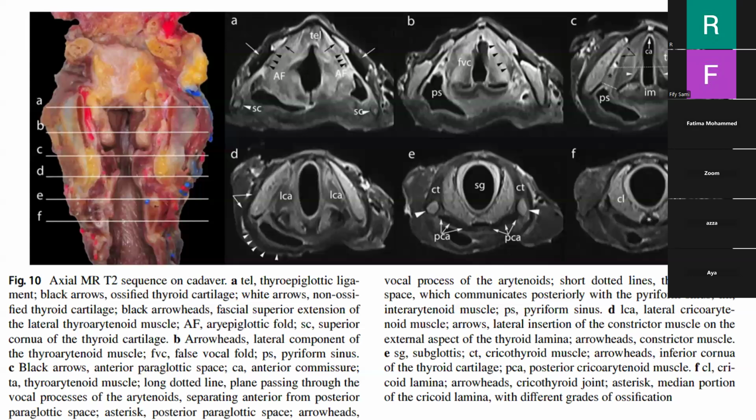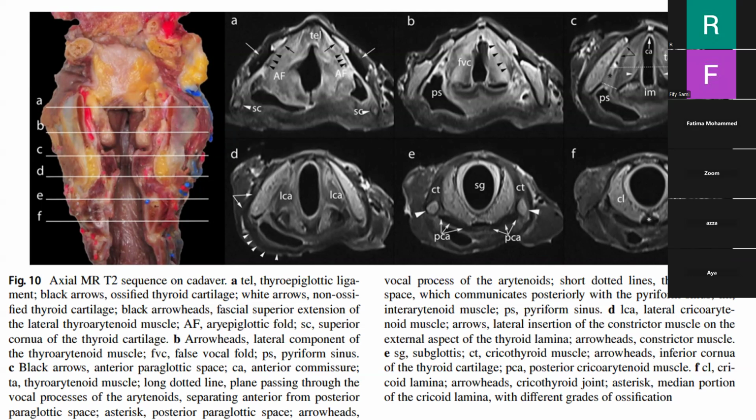Looking closer at the piriform sinus, its anterior wall is the back of the aryepiglottic folds, and its lateral wall hugs the inner surface of the posterior third of the thyroid lamina.